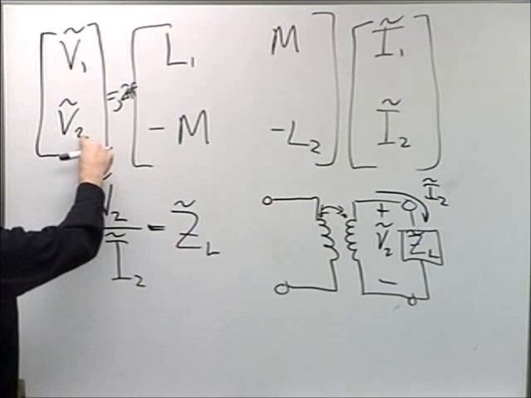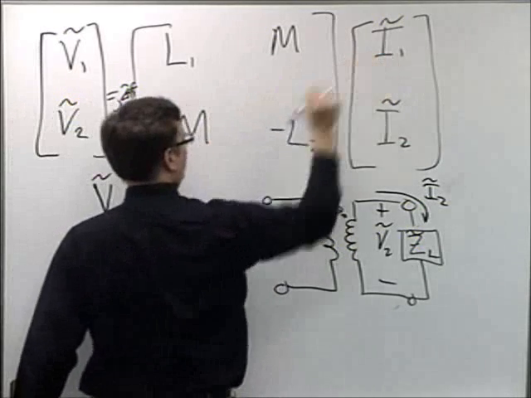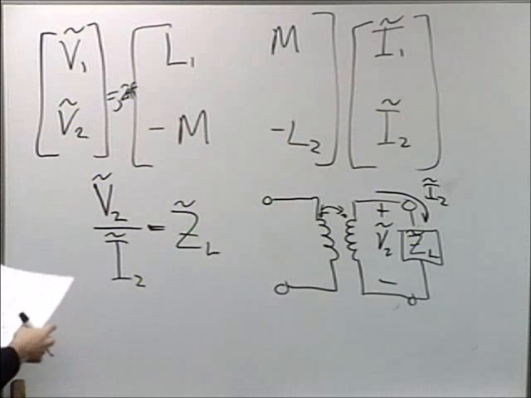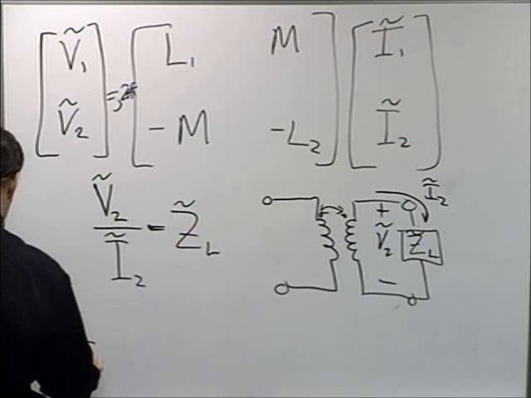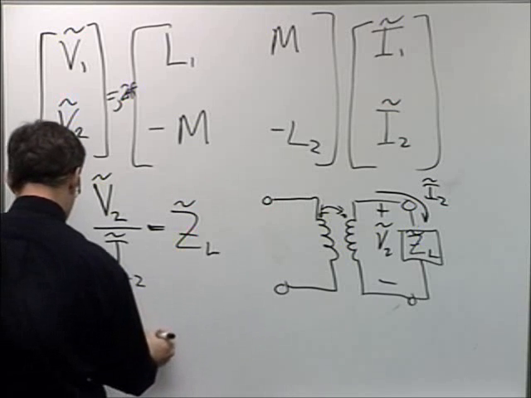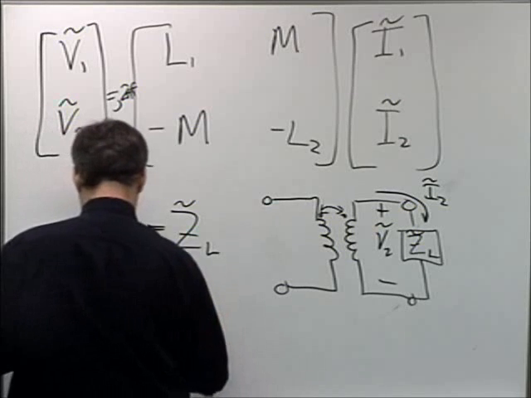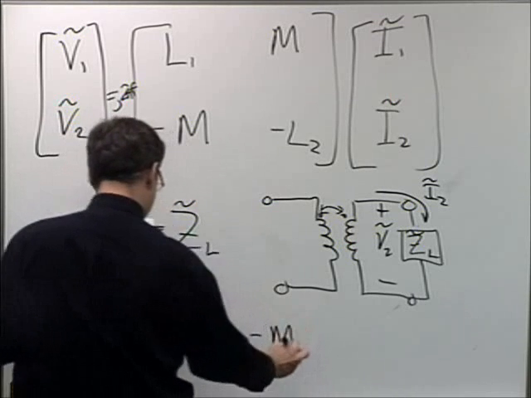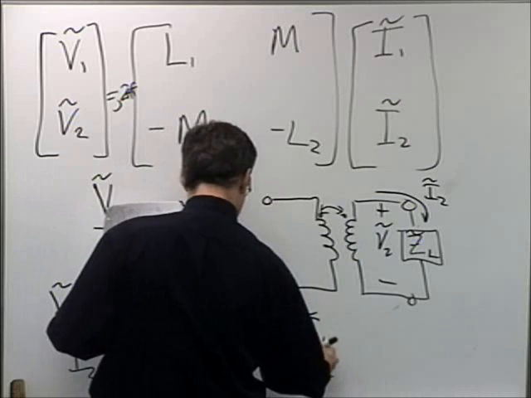Therefore, if I take this last equation, which says V2 is going to be equal to j2 pi f minus M times I1 minus L2 times I2, and I rearrange it so that I get V2 as a function of I2, or divided by I2, what I wind up getting is j2 pi f times minus L2 minus M, the ratio of I1 over I2.